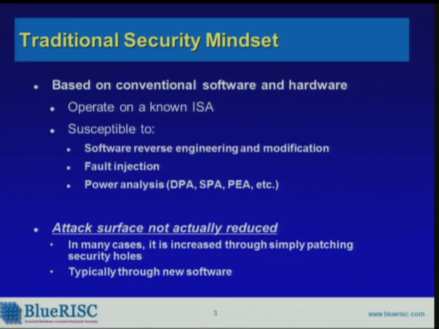One of these is the software reverse engineering attack and malicious modification. In many cases, an attacker may want to just either know how your stuff works or be able to replicate that and sell it themselves. There are also some side channel attacks, such as fault injection, in which someone will try to play with the inputs to your system and bring the state of the system into an unwanted state in which it may leak some information.